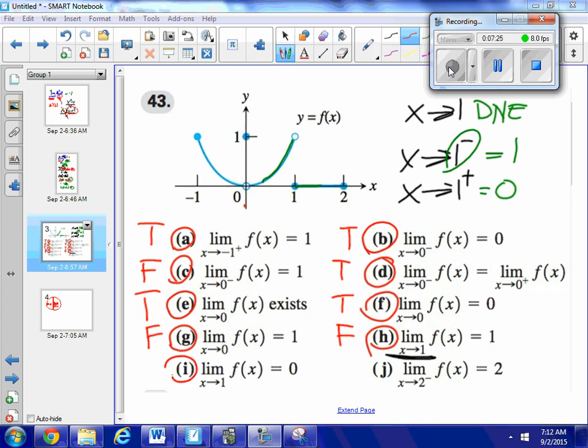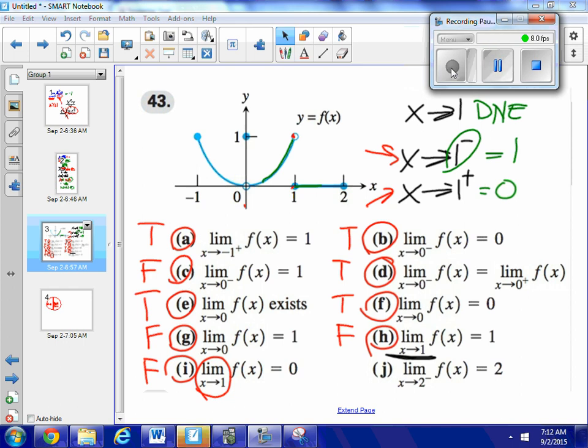And similarly, I is false, because as x is approaching 1, again, they aren't the same from the positive side and the negative side. So it's not like I'm choosing which one I want to be the limit, 0 or 1. There is no limit without a positive or negative sign. So this is what's making this one false.